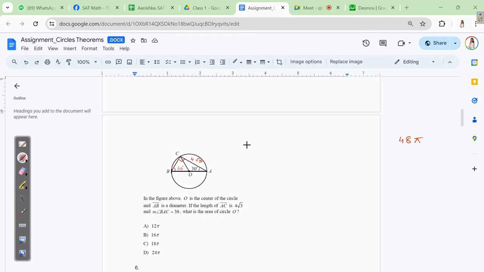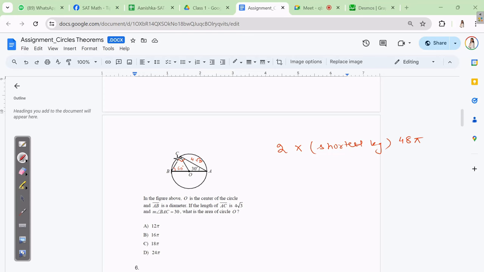square root of 3. No, no, no. This step is not correct, the step where you did 2 times 4 root 3. In a 30, 60, 90 triangle, the hypotenuse is 2 times the shortest leg. So there are two legs, AC and BC.